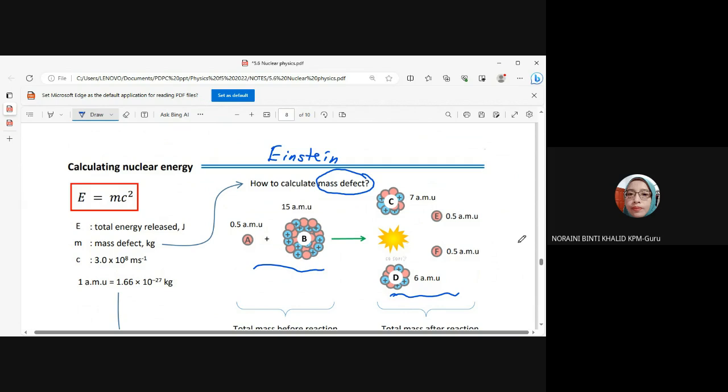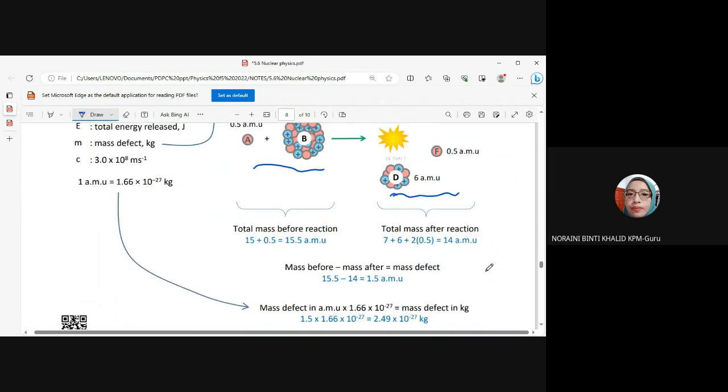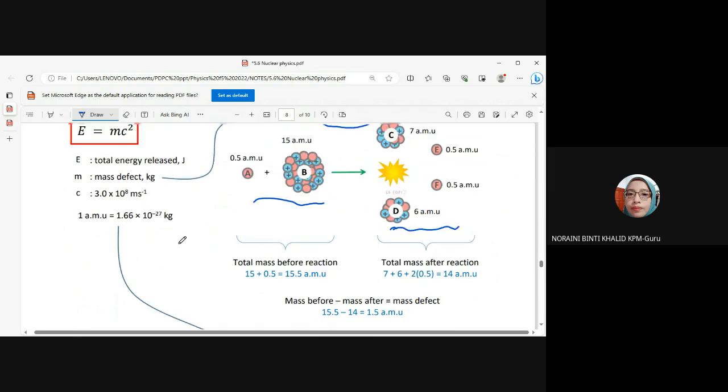Tapi bila pergi calculate, menggunakan formula atomic, gunakan unit atomic mass unit yang kecil, 1 AMU. 1 AMU ni sebab mass of a nucleus is too small, that's why they define this ialah 1/12 times mass of carbon 12.